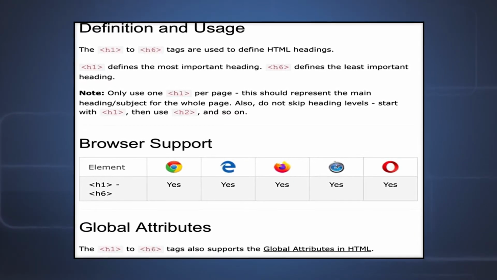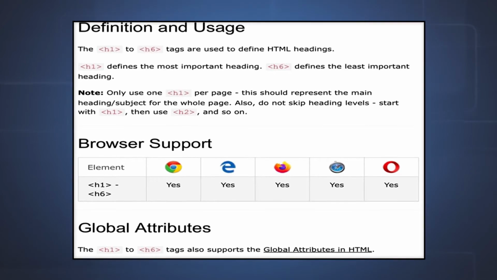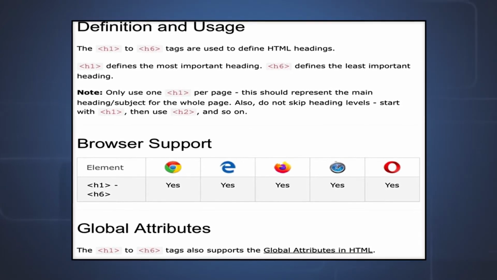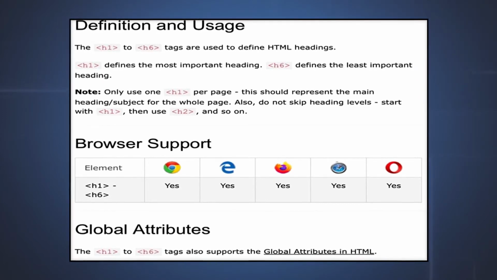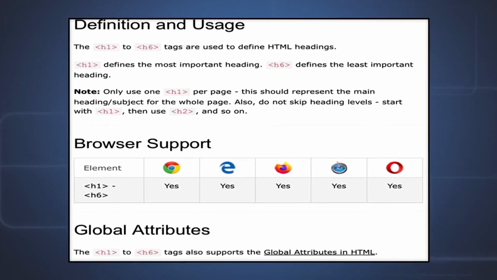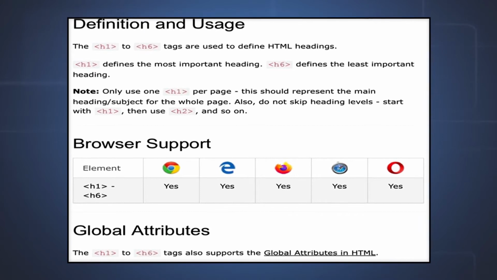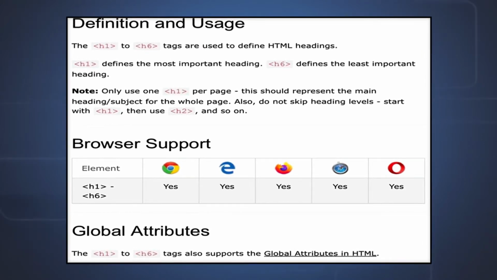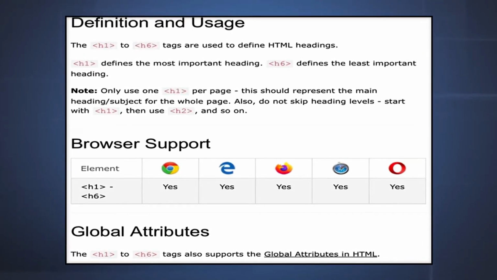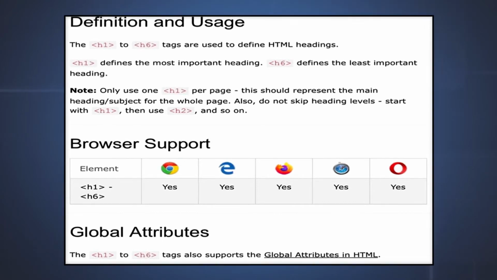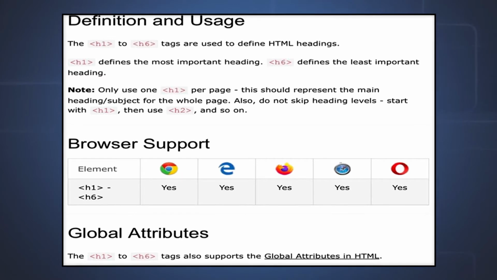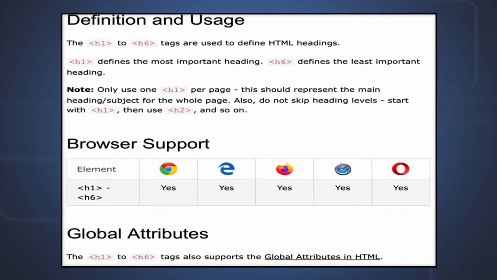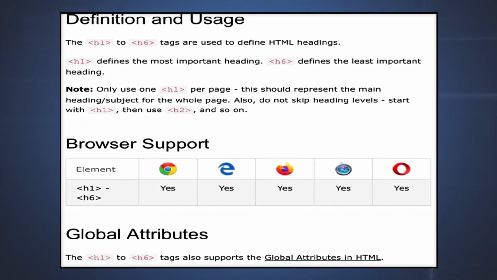Only use one H1 per page. This should represent the main heading or subject for the whole page. Also, do not skip heading levels. Start with H1, then use H2, and we can continue with H3 like that until H6. And all these headings are having wider support from the browsers. H1 to H6 tags also support the global attributes in the hypertext markup language.